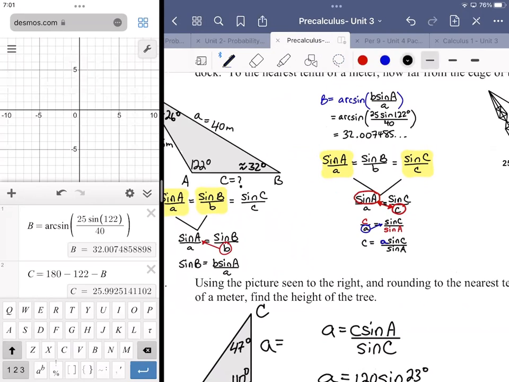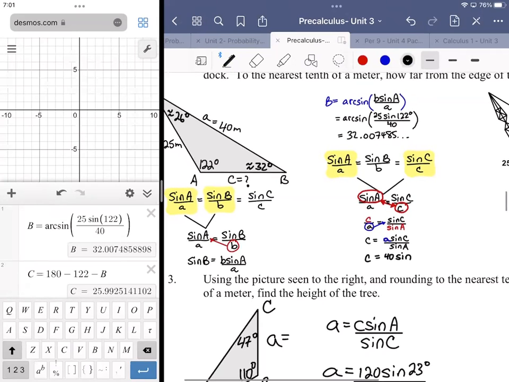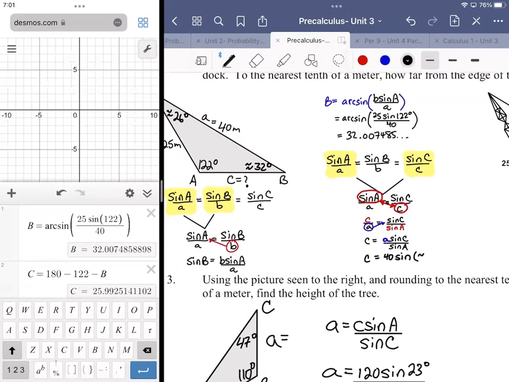So C is going to be equal to 40 sine, well, angle C was approximately 26. Angle A was an exact 122. That's what they told us.